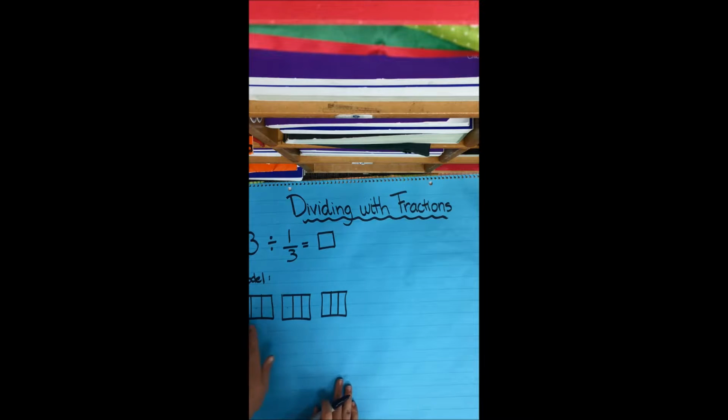All right, so now each of my wholes, 1, 2, 3, are divided into 1/3 pieces. 1/3, 1/3, 1/3, 1/3, 1/3, 1/3, 1/3, 1/3, 1/3. Okay, so now I'm going to ask myself, how many 1/3 pieces was I able to make?